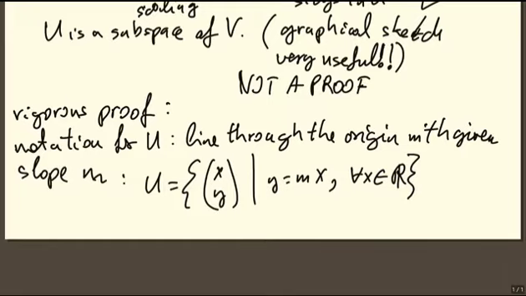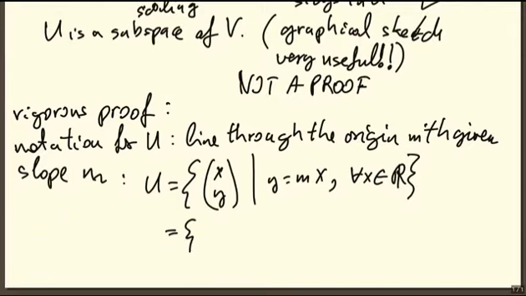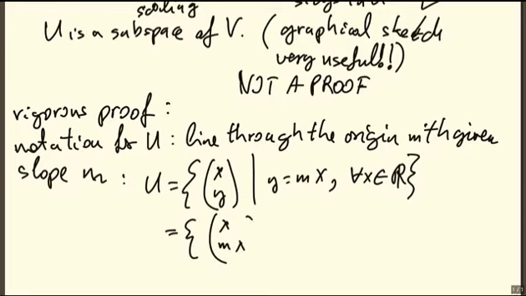That m is the slope, the y-intercept is 0, that's why it goes through the origin. Another way to write this set with set theoretical notation is (x, mx), and then we just say that this is for all x real numbers.